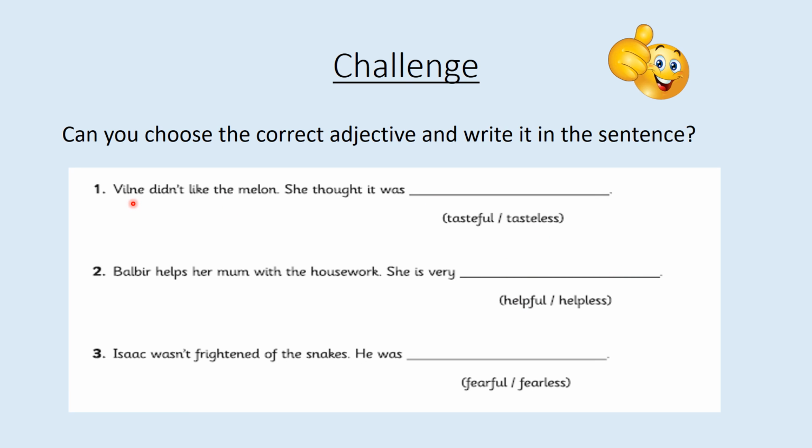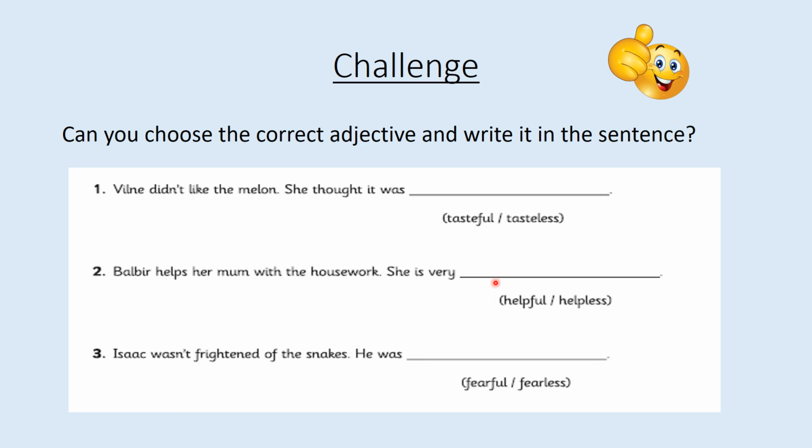Okay, so number 1 says, Vilne didn't like the melon. She thought it was, is it going to be tasteful or tasteless? So is it going to have lots of taste or not much taste? Balbir helps her mum with the housework. She is very, is it going to be helpful or is it going to be helpless?